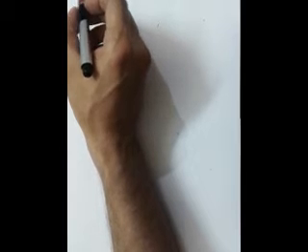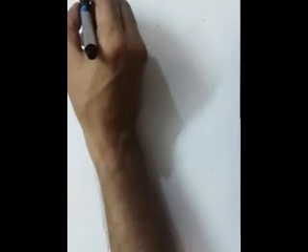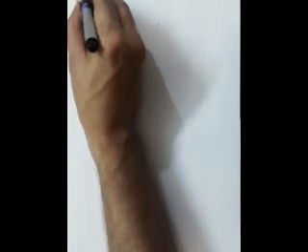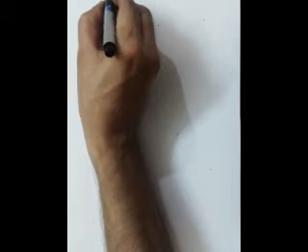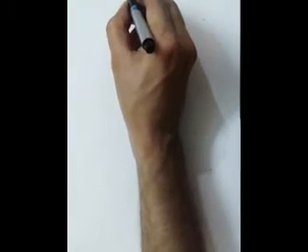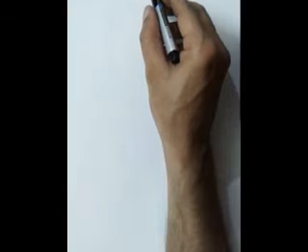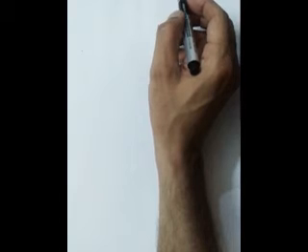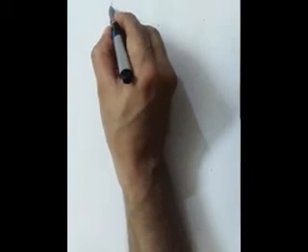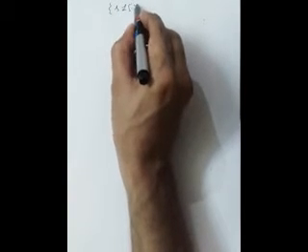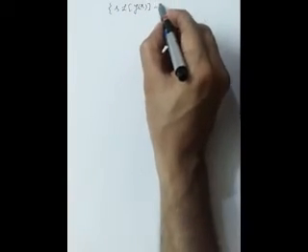Since we know that the Laplace transform of y double dash x is s square Laplace transform of yx minus sy0 minus y dash 0, plus the Laplace transform of exponential of 2x is equal to 1 upon s minus 2, and the Laplace transform of y dash x is s Laplace transform of yx minus y0.